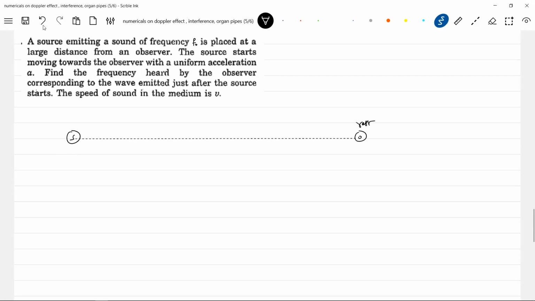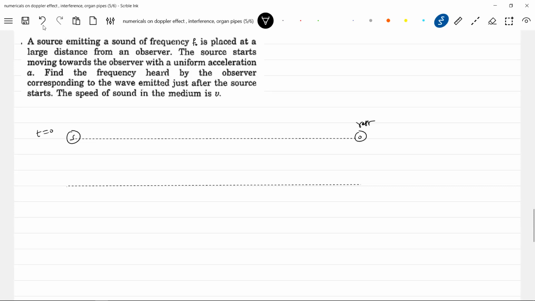At rest. Next, what will happen? The source will accelerate from rest. This is t equal to 0. Find the frequency heard by the observer corresponding to the wave emitted just after the source starts.